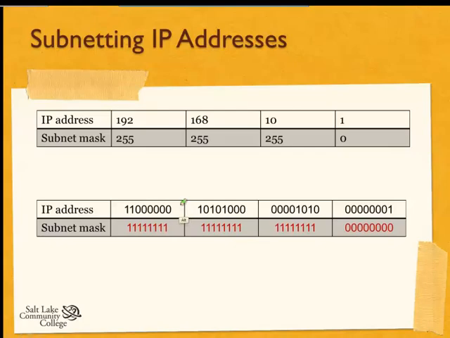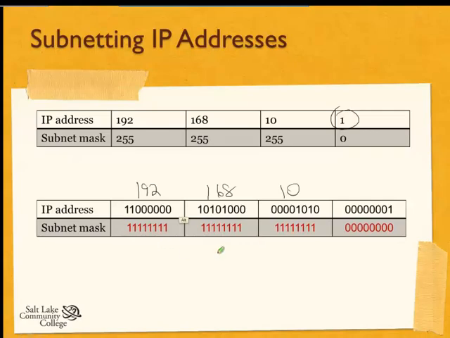So we can clearly see that 192 is part of the network, 168 is part of the network number, and 10 is part of the network number. This octet is open. The client's address is 1, but it is open because it's not part of the mask. And that allows us to manipulate the bits in here to create more networks.